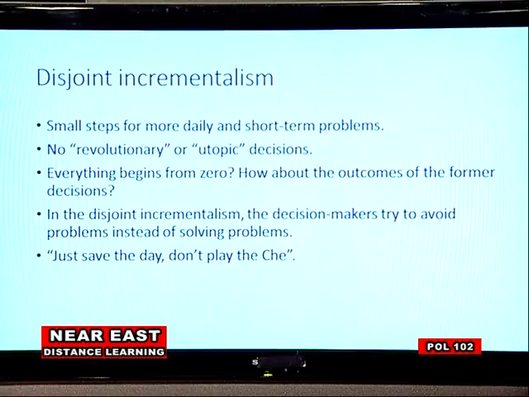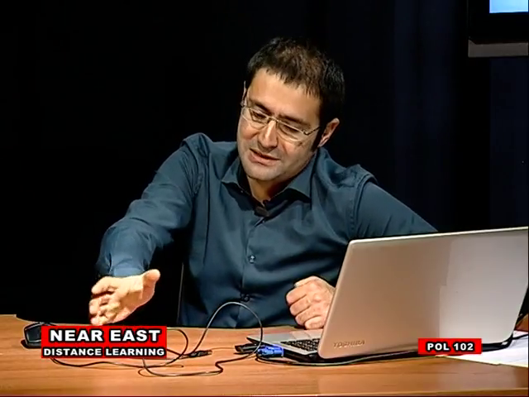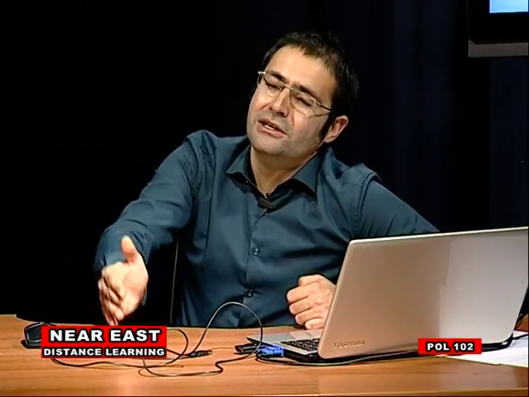In disjointed incrementalism, the decision makers try to avoid problems instead of solving problems. So if you are causing more problems by taking a decision, you try to avoid making that decision. And there is something that might give us the general logic of disjointed incrementalism.